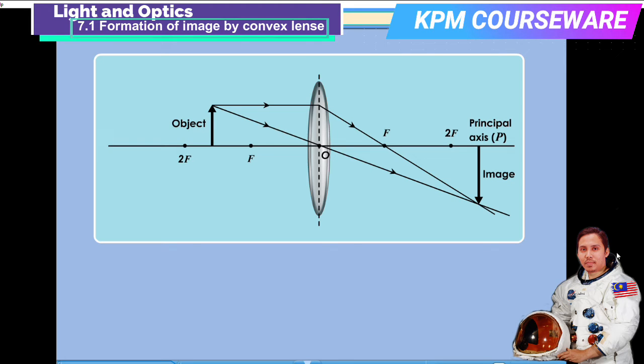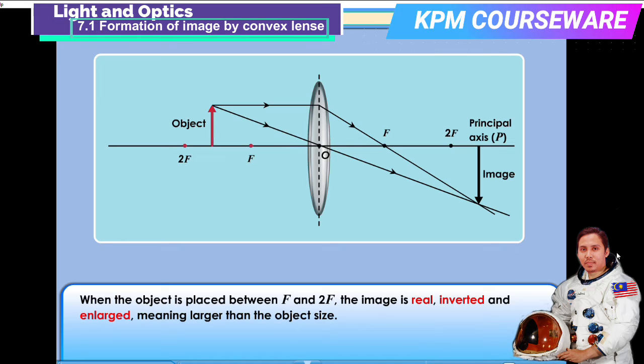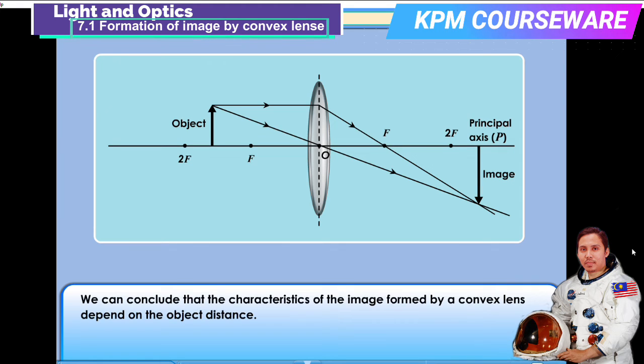No, it is not the same. When the object is placed between F and 2F, the image is real, inverted, and enlarged, meaning larger than the object size. We can conclude that the characteristics of the image formed by a convex lens depend on the object distance.